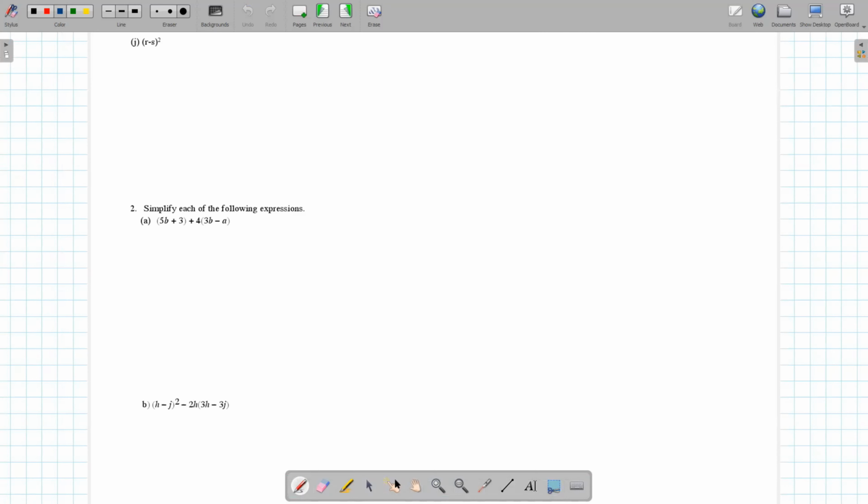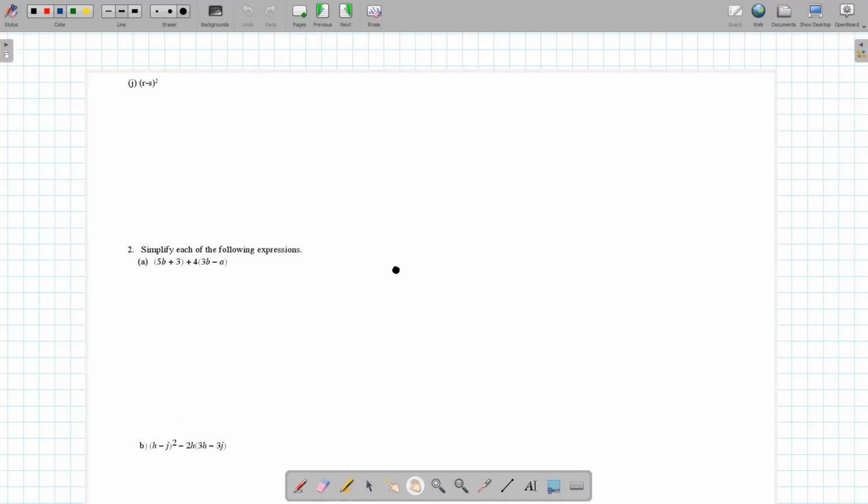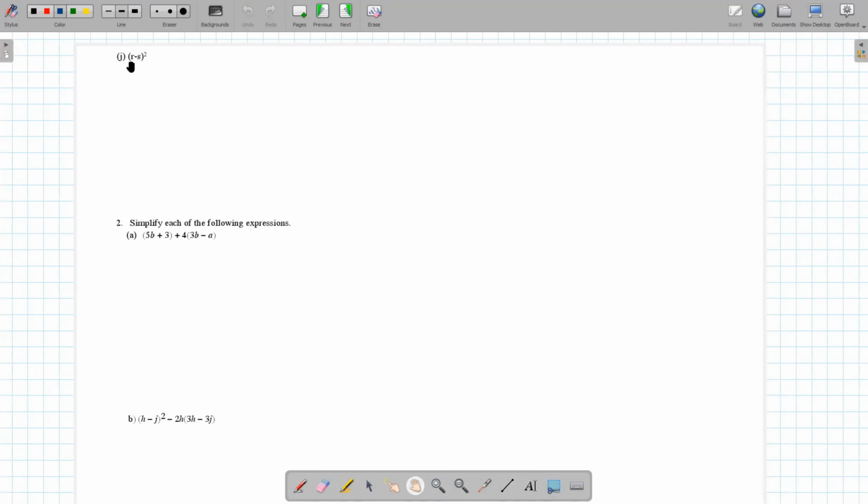There is also another type of question where you are given something like this. What does this mean? If you come across questions like this, it's actually r minus s to the power of 2, like the power of 2 that you have learned in Form 1. How we do: r times r, we get r squared. r times negative s, we get negative rs.